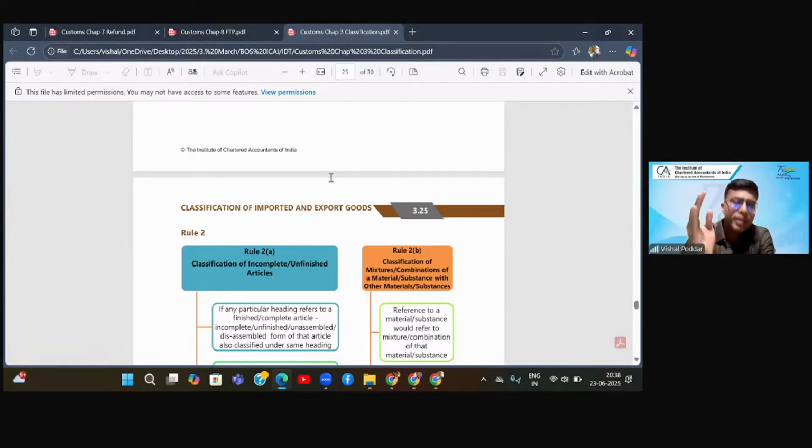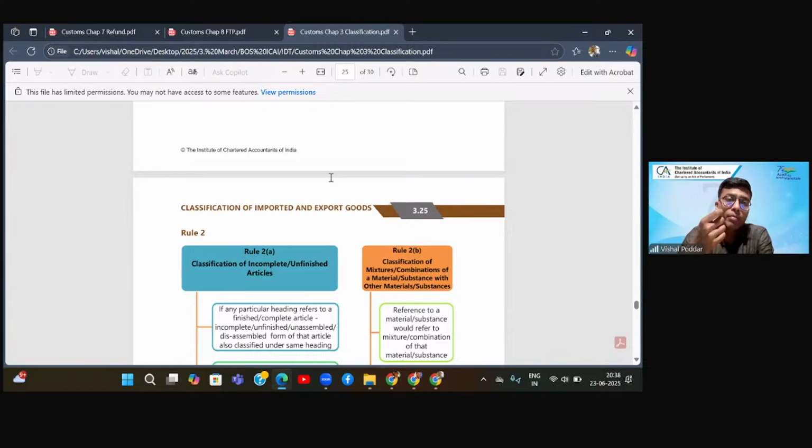Now, in the majority of cases, you get the answer by Rule 1, because Rule 1 is so specific that you read the notes, and many times the notes are very crystal clear. Let me give you the example of playing cards. We have been using playing cards.